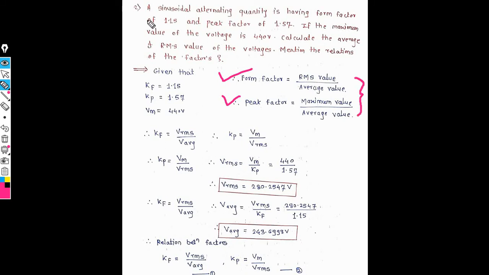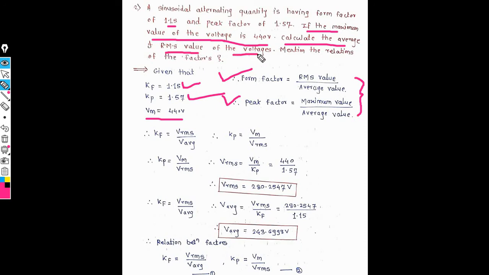Okay, then the problem is: a sinusoidal alternating quantity has form factor 1.15. That means form factor symbol Kf is 1.15. Then peak factor is 1.57. Okay, then if the maximum value of the voltage is 440 volt, that is maximum voltage Vm is 440 volt, then calculate the average value and RMS value of the voltage.